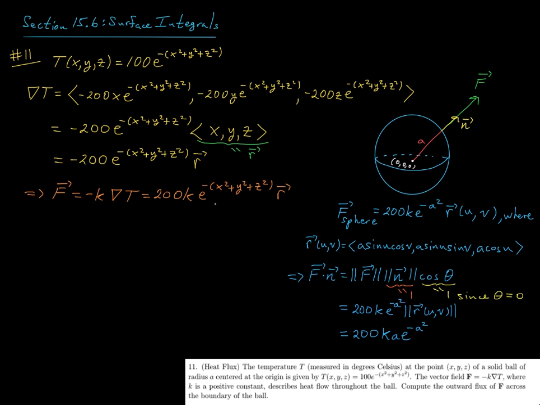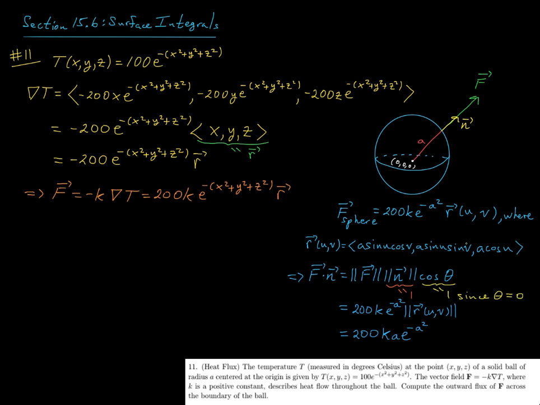So the exponential term becomes e^(-a²). So I have 200k times e^(-a²) times this position vector. But now I'm just restricting myself to points along the sphere, so this vector r is just given by the parameterization for the sphere.